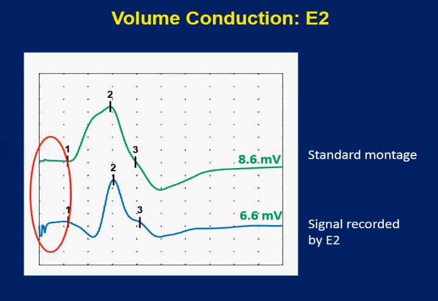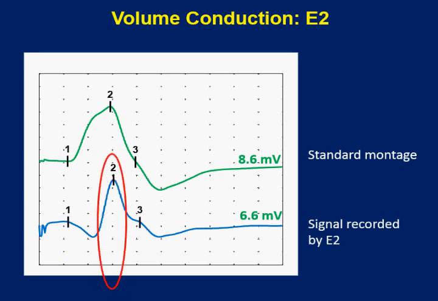Next, we notice the onset latency for the two signals is the same. This is expected from our previous discussion that the muscle depolarization at the end plate is recorded at the same time at different electrode positions in the volume conductor.